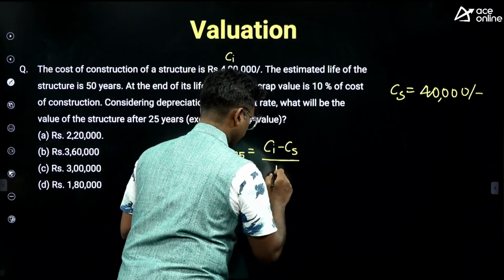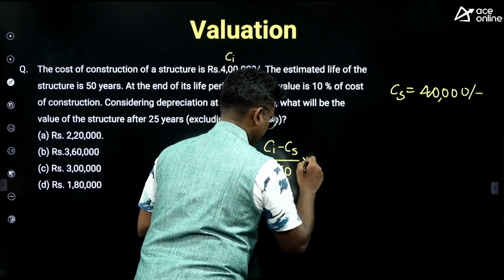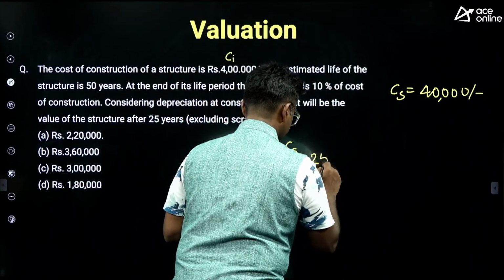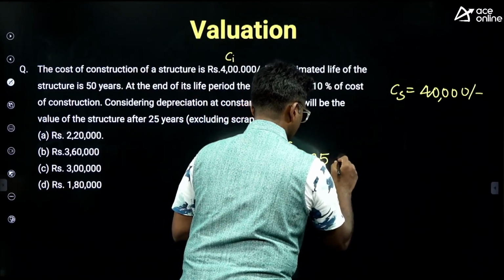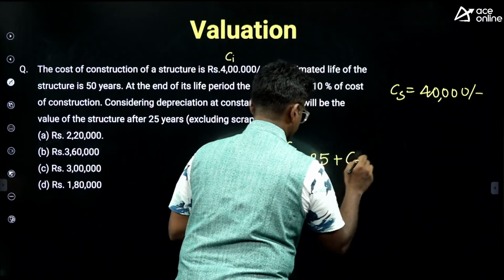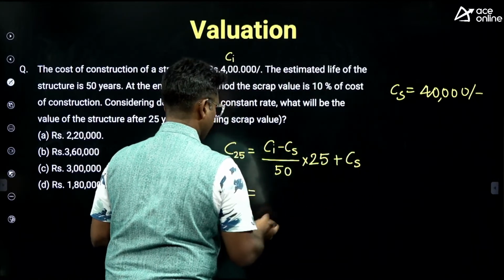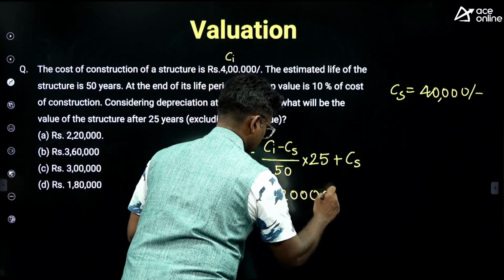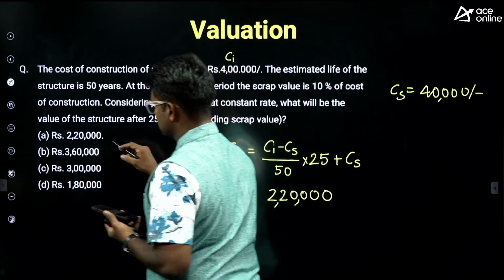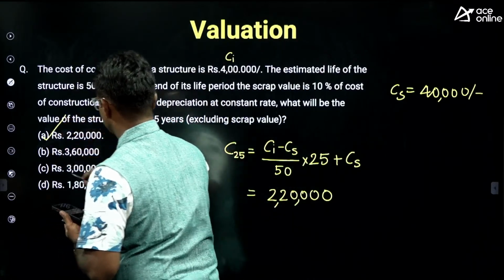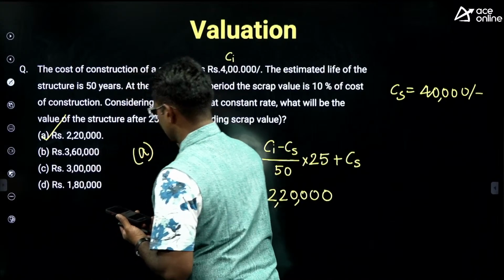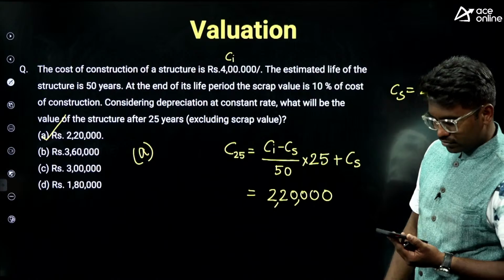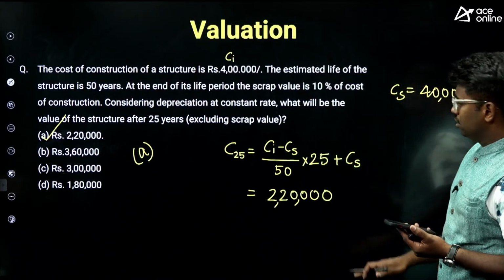N is already given, right? Multiplied by how many years? We are finding out for 25 years, plus the salvage value, the scrap value, which gives you about 2 lakhs 20,000 as the answer. That is how you find out. Okay, simple question, straight line method.